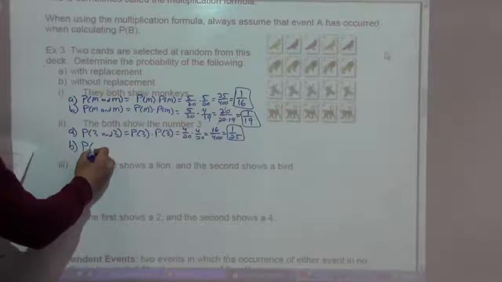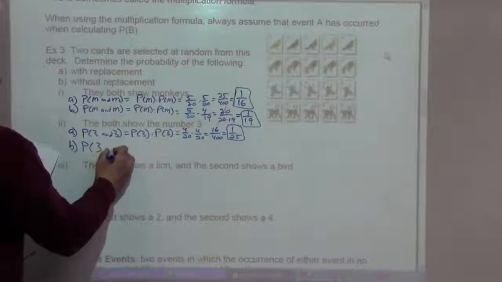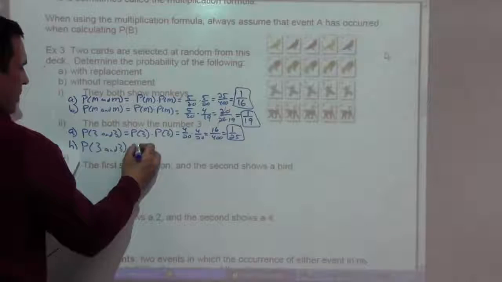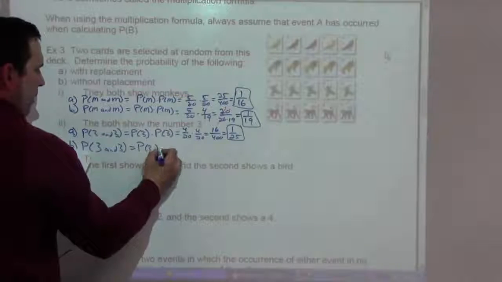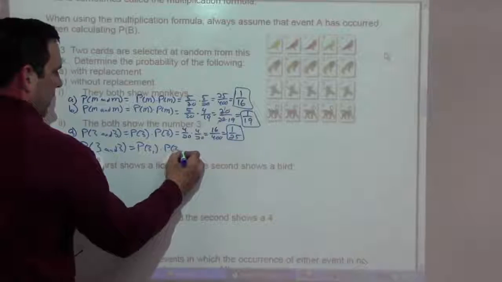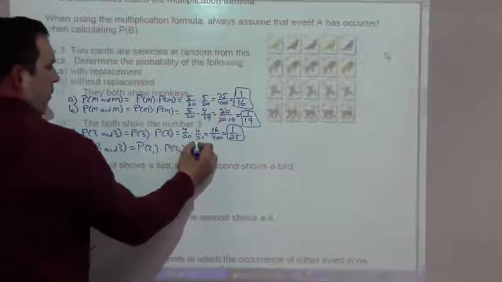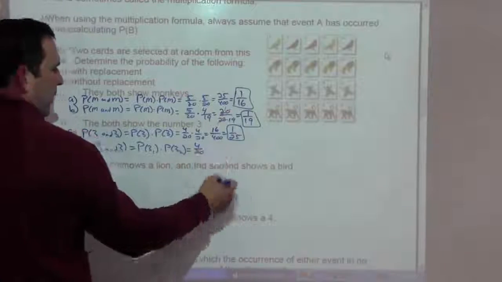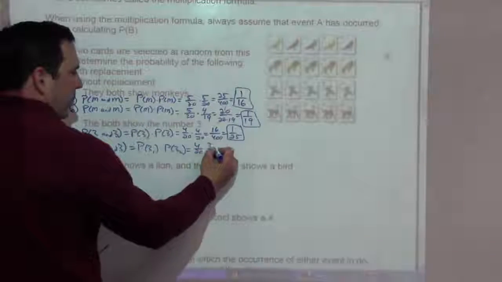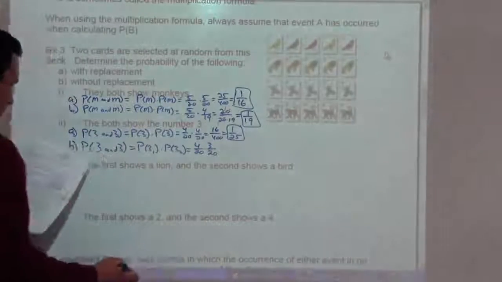Probability of getting a 3 and a 3 in the next case. That means probability of getting a 3 for the first card times the probability of getting a 3 for the second card. 4 out of 20 for the first. Now if one's gone, we have 3 cards left out of 19.